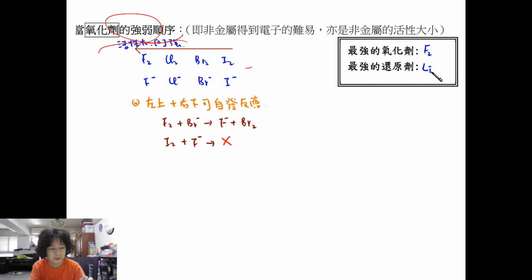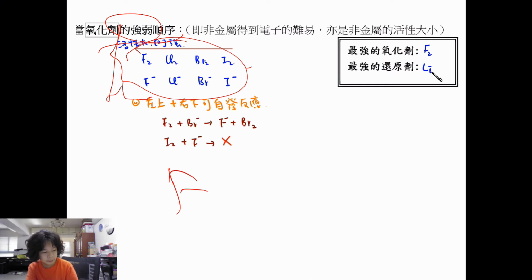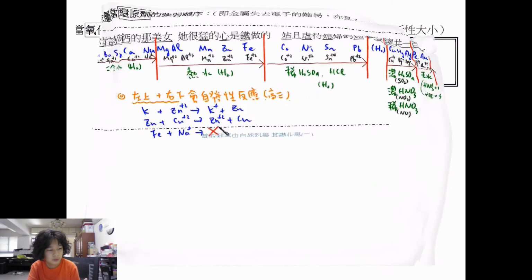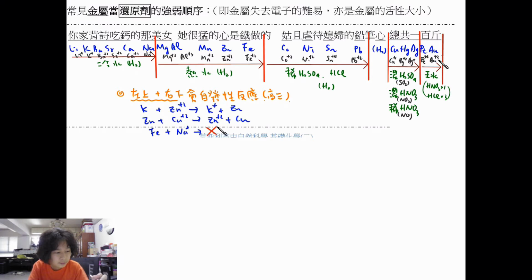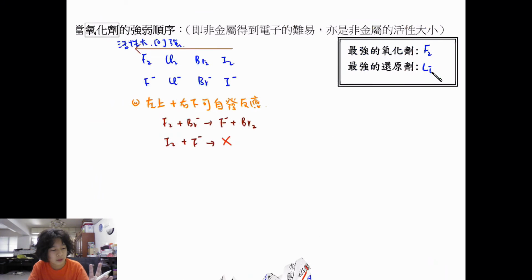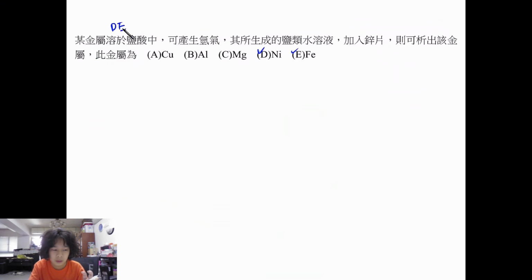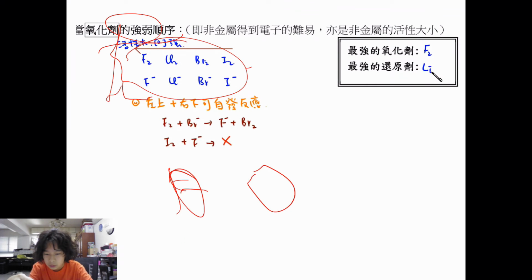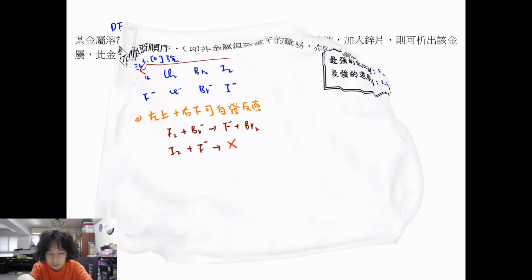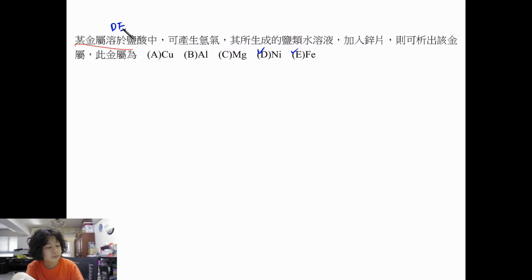Now let's see. If it is an ion with a greater electronegativity, or greater reactivity, and you add it to a smaller ion, then there will be a reaction, and they will take electrons.